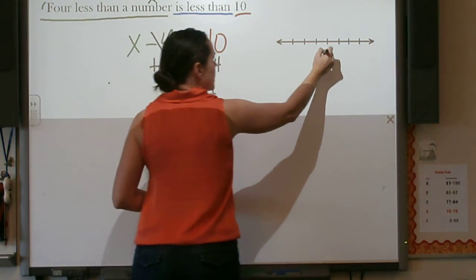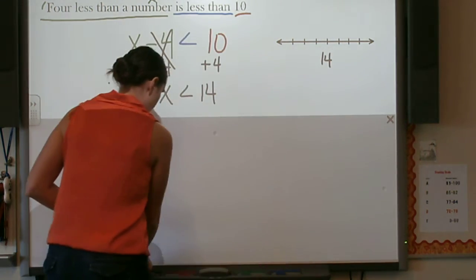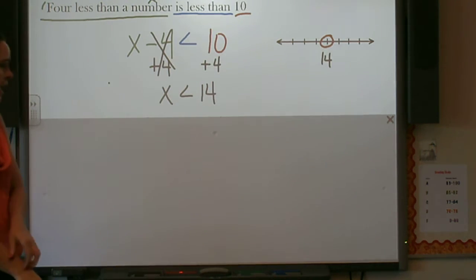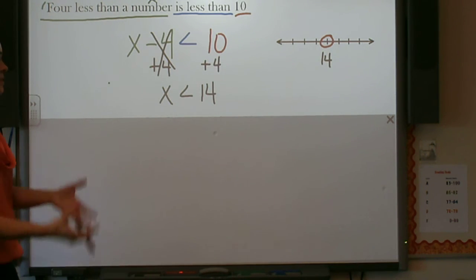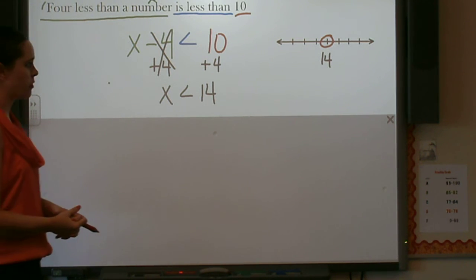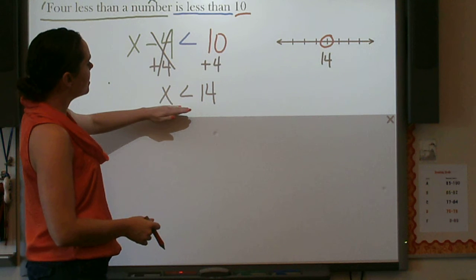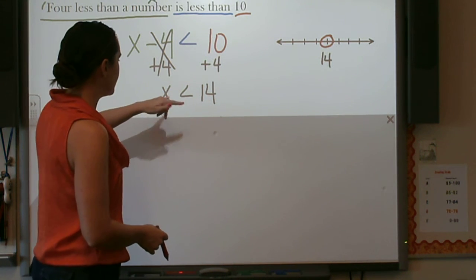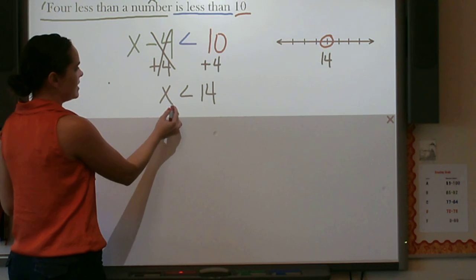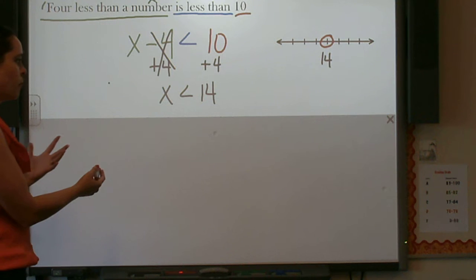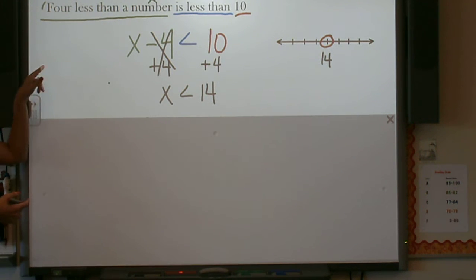I have 14 on my number line, and I know that I'm going to have a circle at 14. Okay? So my next question is, is this circle open or closed, and in which direction am I shading the number line? So I have x is less than 14. So that tells me that my values for x need to be less than 14. 13 is less than 14. So I'm going to come over here and do a check.